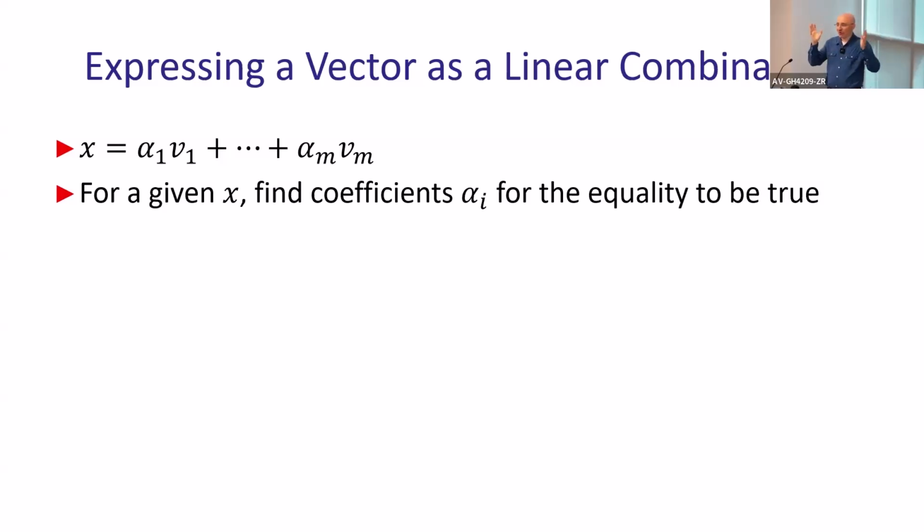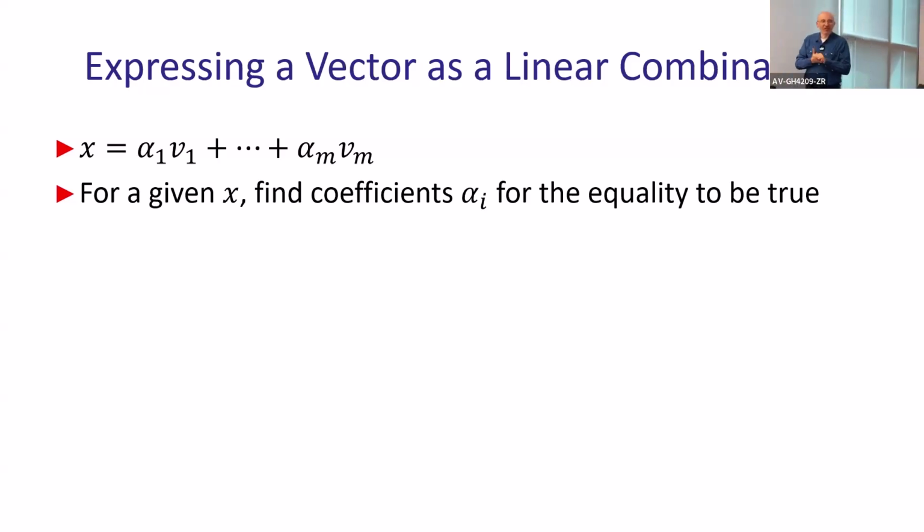Or you have contradicting equations, and then you have no solution. We will see later how to overcome that problem with least squares, where you find the closest solution, but not an exact solution. There is no exact solution in these cases, okay?